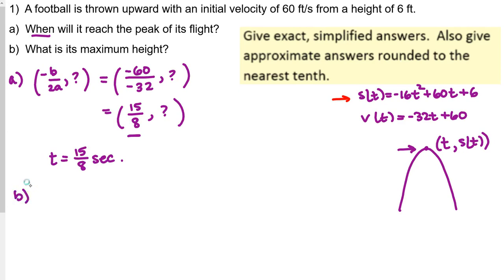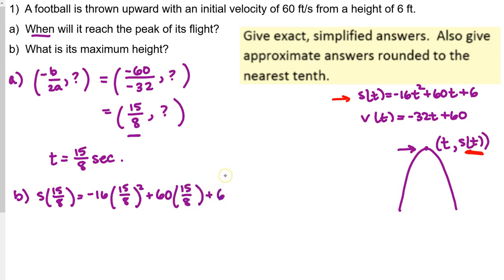What is its maximum height? Well, that would be the y-coordinate of the vertex. So we know that to find the y-coordinate of any point, you take the x-coordinate and you substitute it into the equation. So the y-coordinate at 15 eighths would be negative 16 times 15 eighths squared plus 60 times 15 eighths plus 6.